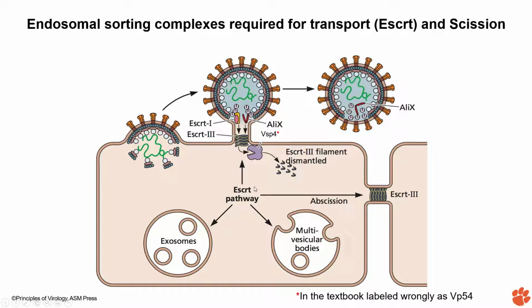So basically, the ESCRT pathway covers exosomes, vesicles which are released outside, and multivesicular bodies, where you have a vesicle inside a vesicle, or budding.